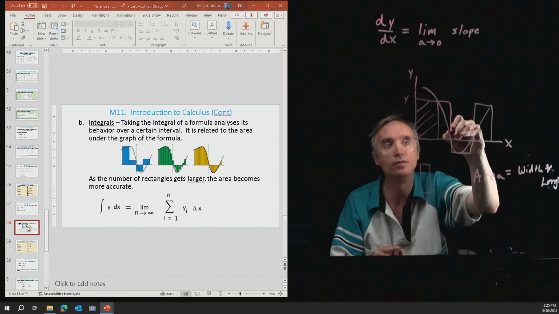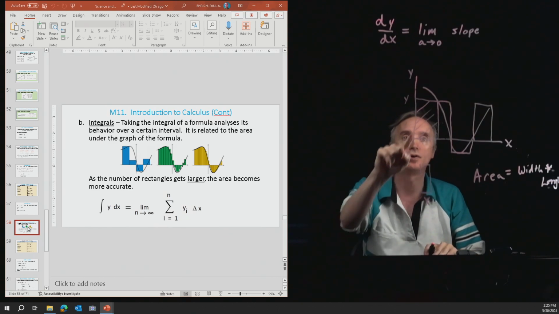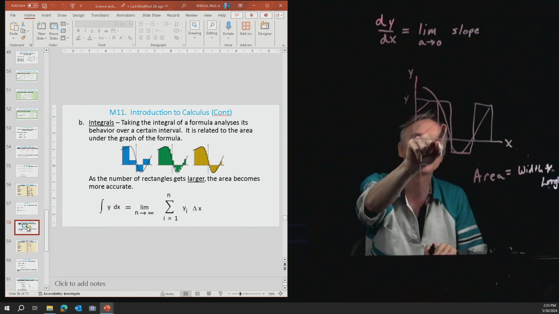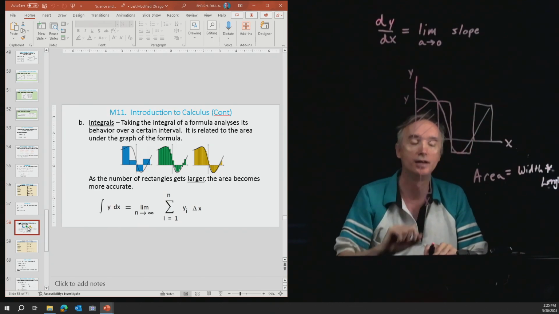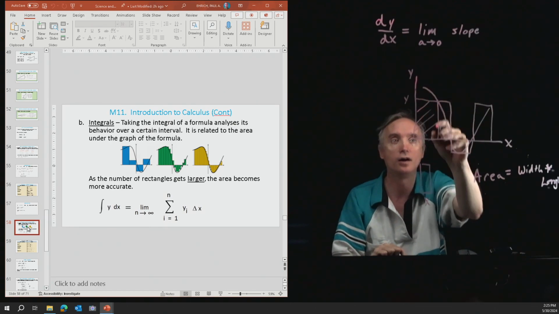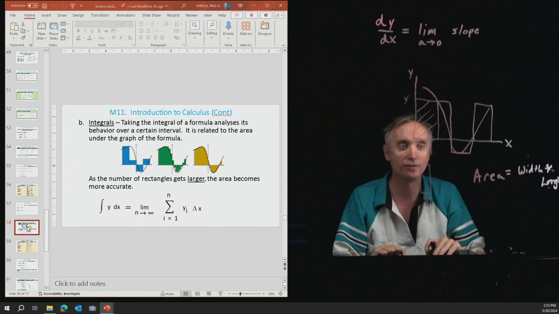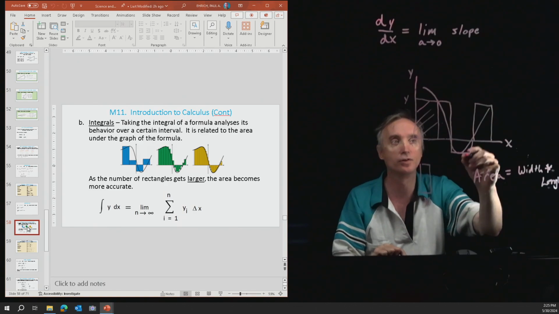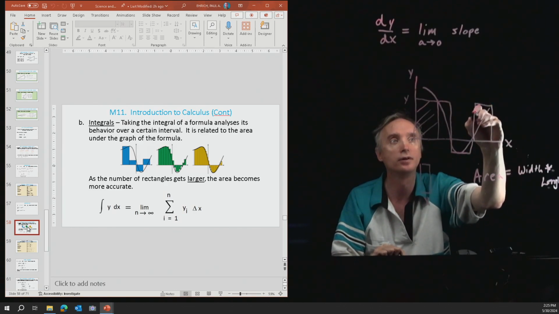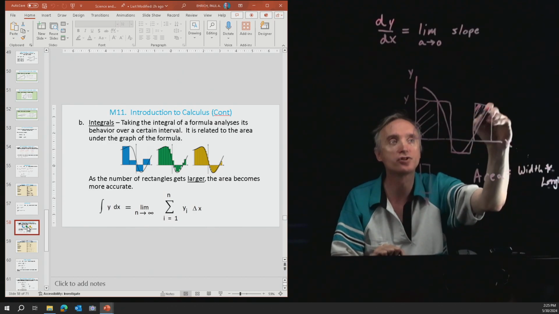If we added the areas of these rectangles, it would approximate the area of the graph. But it's not a very good estimation, because look at this. This part right over here, we overshot it.